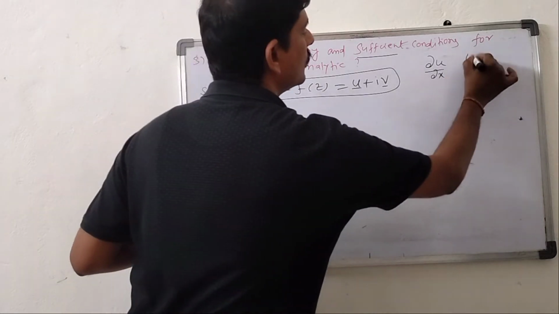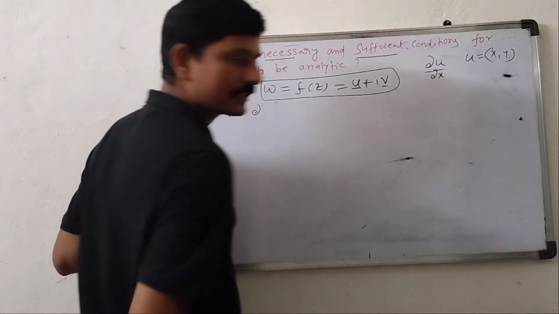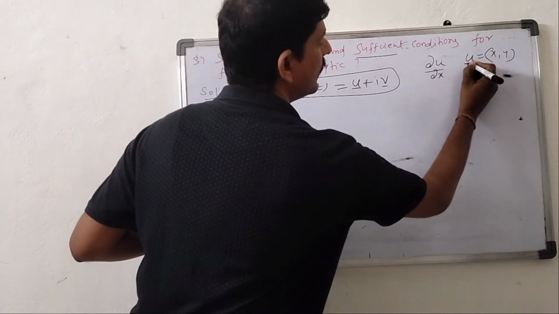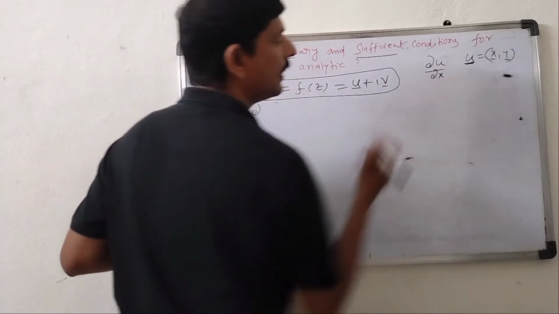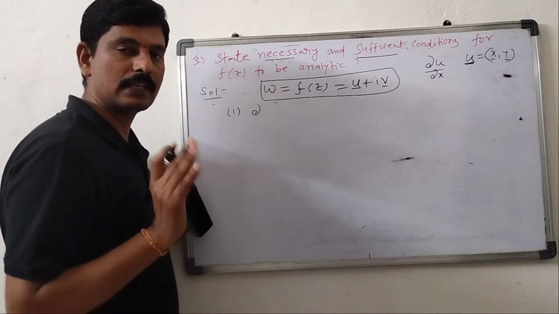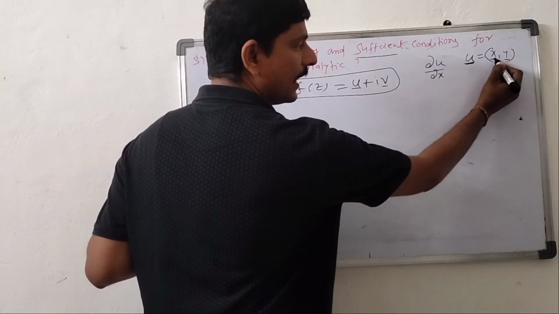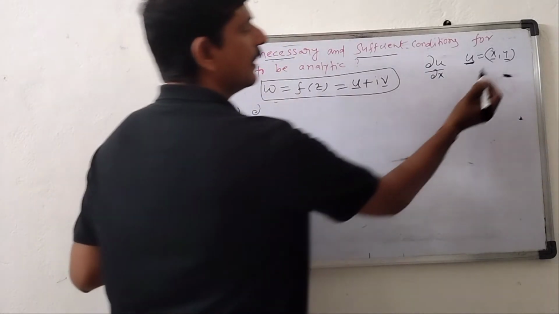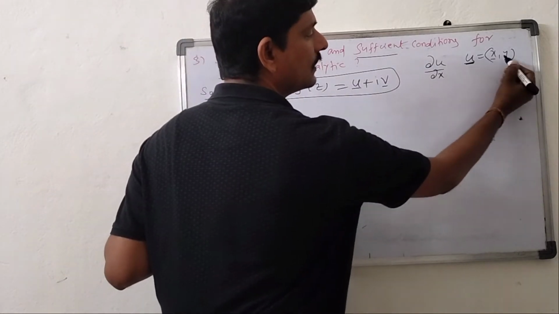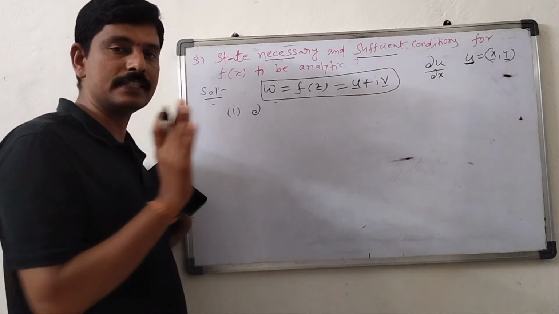Here u is expressed in terms of x, y, so u is the dependent variable and x, y are the independent variables. If we differentiate u with respect to x, y is treated as constant, and if we differentiate u with respect to y, x is treated as constant. Keep this in mind.